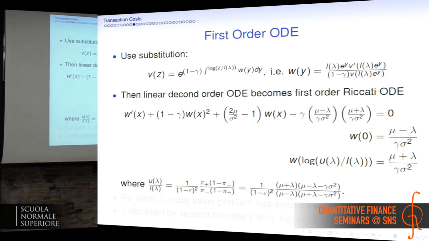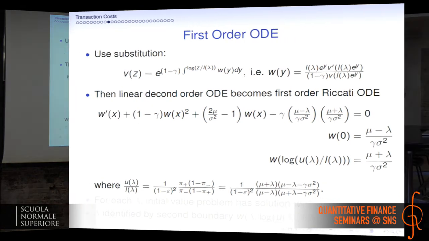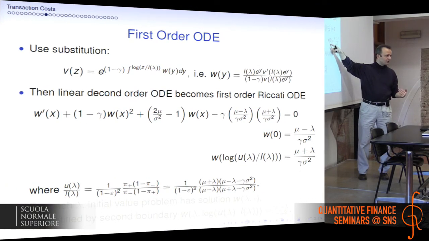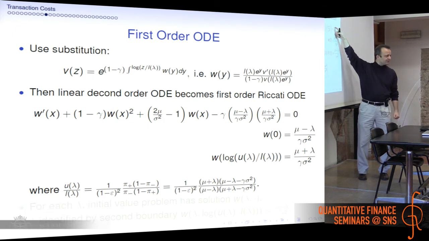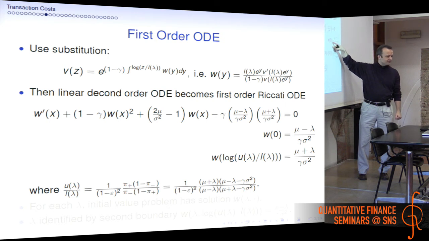Well, the advantage of this substitution is that now the lower boundary is no longer a free boundary. This is 0. The upper boundary is still free, but at least now we have a Cauchy problem that we can only start at 0. So we can say, what is the solution of this ODE started at 0?